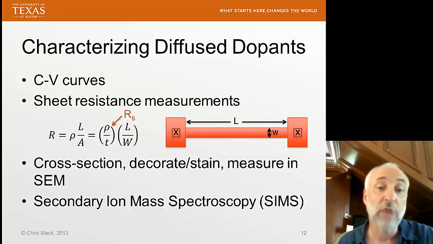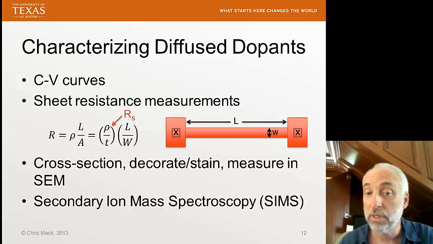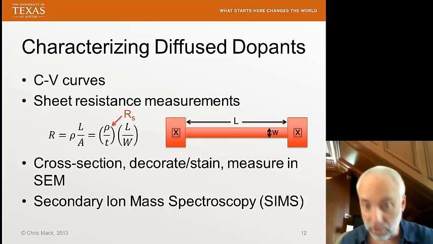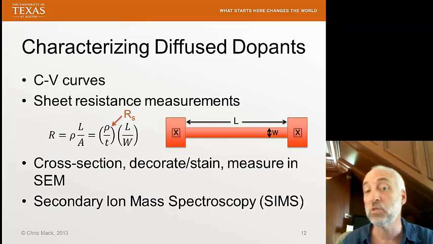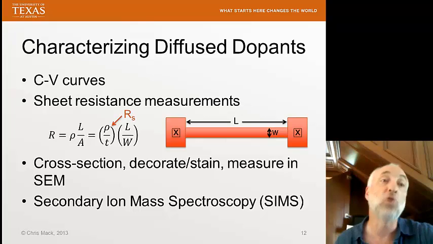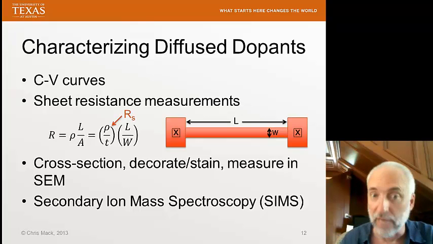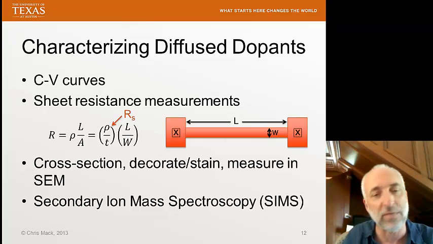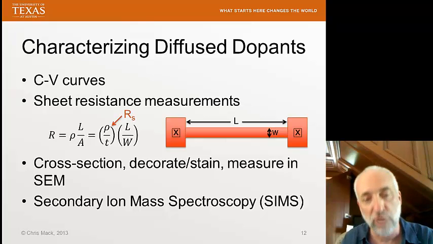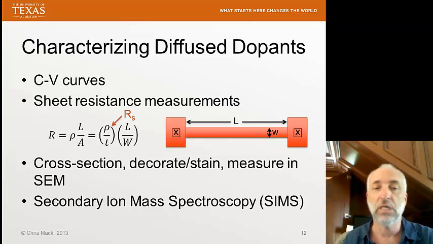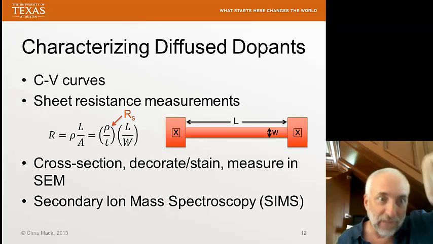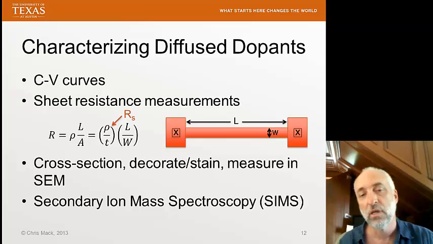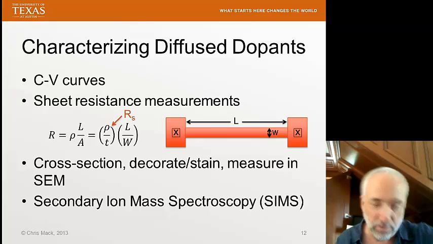The mass spectrometer measures the mass of the material coming out, so I can tell the difference between a silicon atom flying out and a dopant atom flying out. I count the ratio of silicon atoms to dopant atoms, and that tells me the concentration of the dopant. I do that as I'm drilling, as a function of depth into the wafer, and now I have my doping profile, my concentration of dopant as a function of depth.